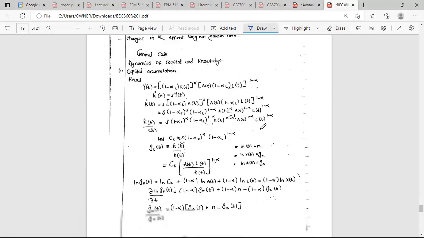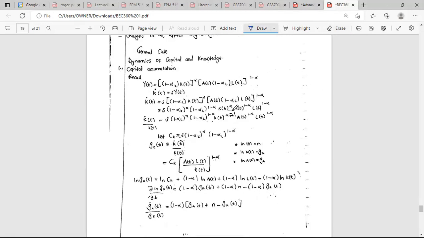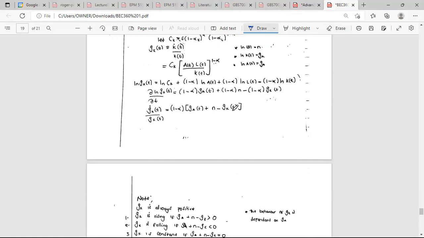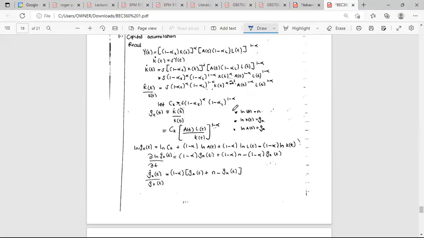I shared this document, and I'm hoping every one of us received it. We've looked at the growth of knowledge with respect to labor. Remember, we assumed this was 0, so we forgot about this section.